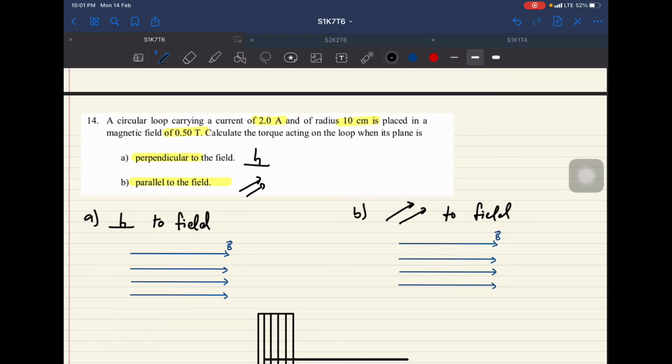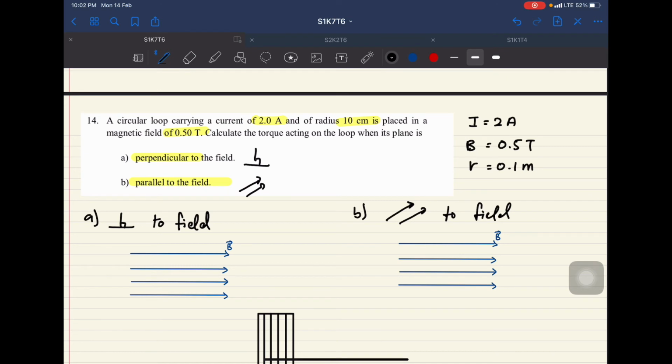Okay, it says that the current I is equals to 2 ampere. Magnetic field B is equals to 0.5 Tesla. The radius is equals to 10 centimeter, 0.1 meter.